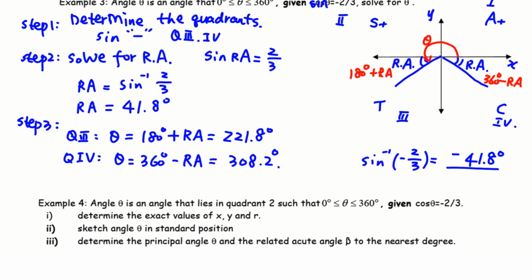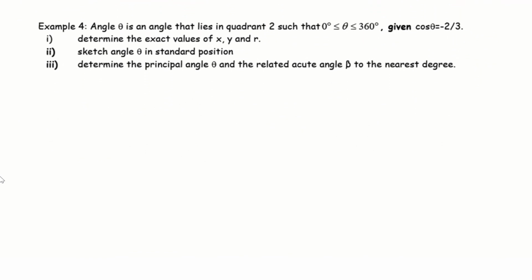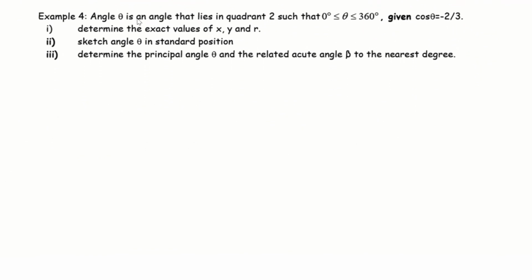Then we practice more. This one is to tell you that theta is an angle that lies in second quadrant, and the cosine theta is negative 2/3. So in the second quadrant, cosine is negative.